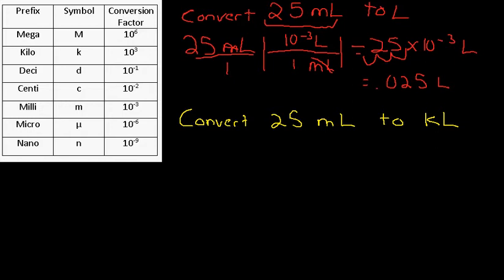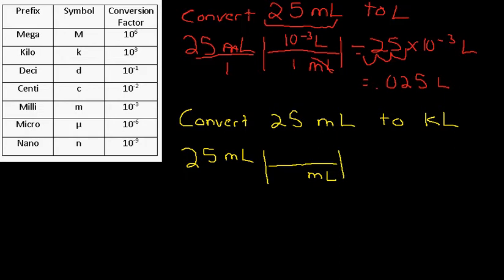So same process to start. I'm going to start with my number with my prefix, so 25 milliliters. I'm going to set up this little fence again, and I'm going to think about what unit I want to cancel out. Well, I want to cancel out milliliters, and I want to get to kiloliters, but I don't really have a conversion factor relating milliliters to kiloliters.